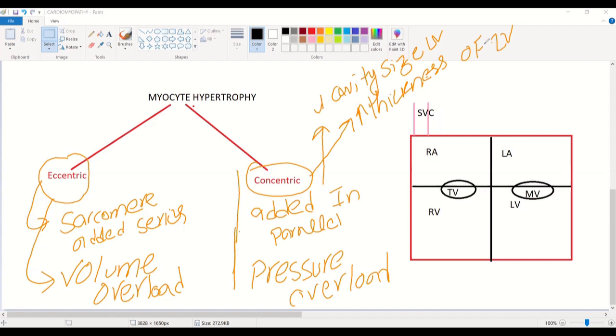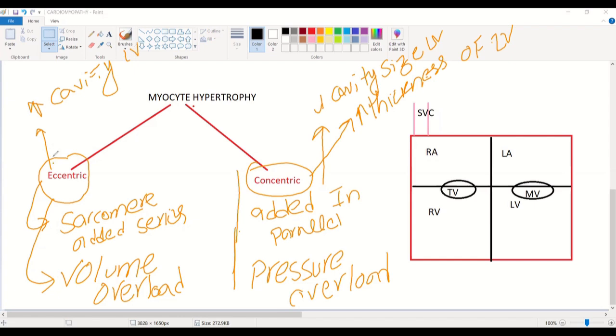The opposite takes place in eccentric hypertrophy. So the ventricles are dilated. Dilated means increased cavity size, right? Increased cavity of the left ventricle.